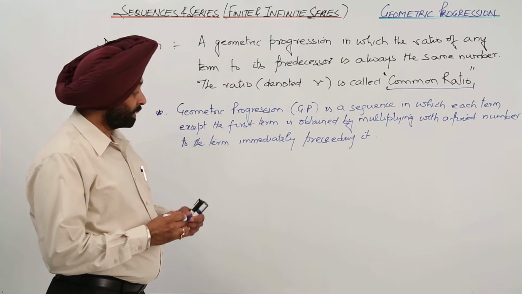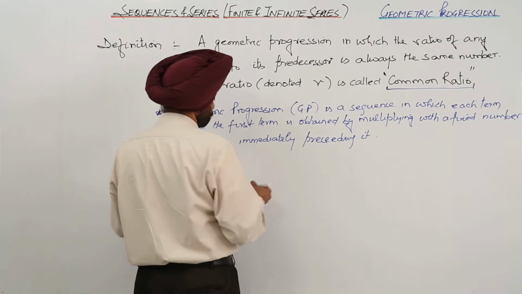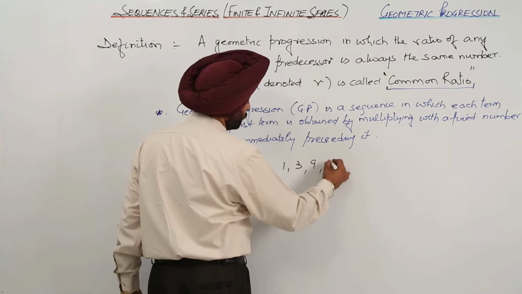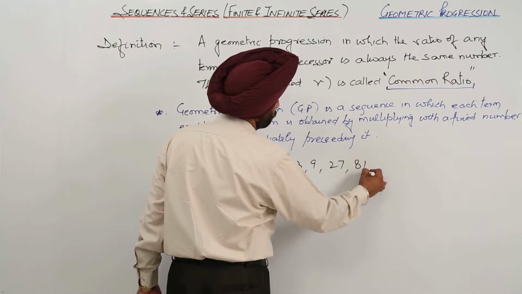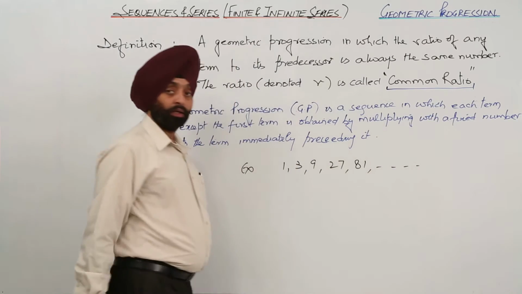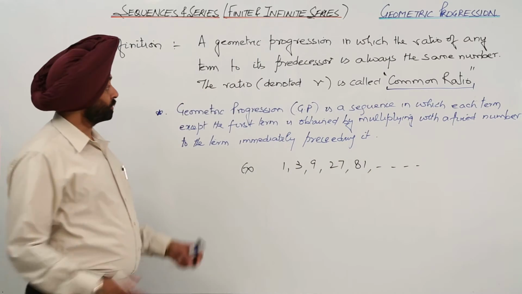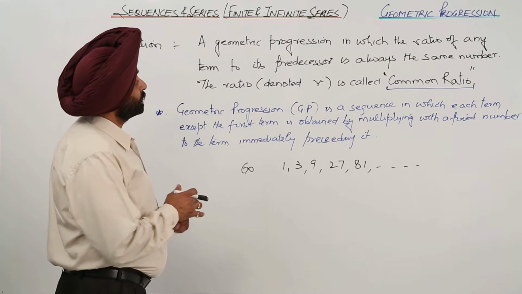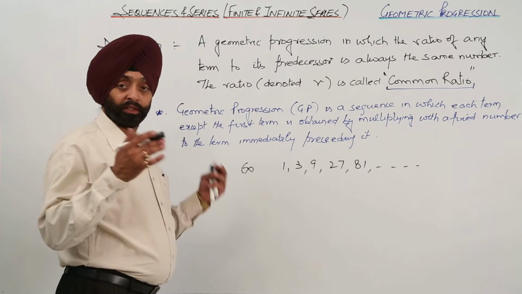Okay. Now what I have written? I wrote this series. Now example: 1, 3, 9, 27, 81, like this it continues. Now go through both the definition. In the first part, what is written? A geometric progression with the ratio of any term to its predecessor.